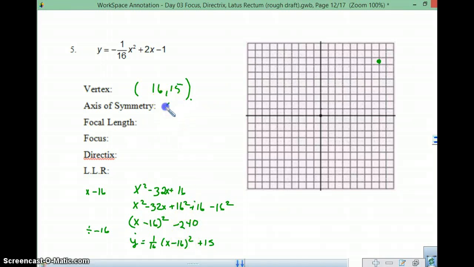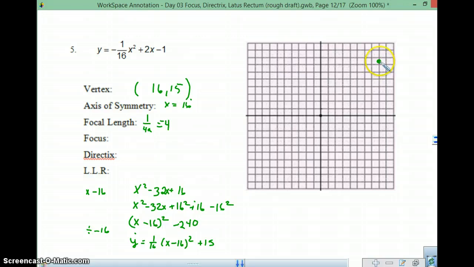The axis of symmetry is x equals 16. The focal length is 1 over 4a. If I plug in 1/16 here, your focal length should be 4. Actually, your focal length is -4 because a is -1/16.